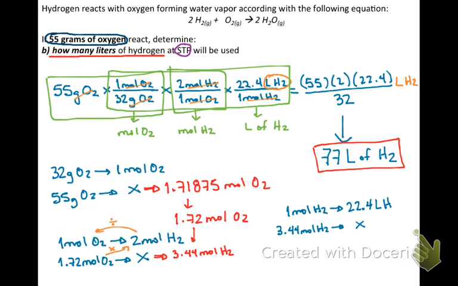So it's just 3.44 times 22.4, and then we have the same amount of 77. If you cut the decimals like I did, it will be 77.056 liters of hydrogen, but it's still the same result.